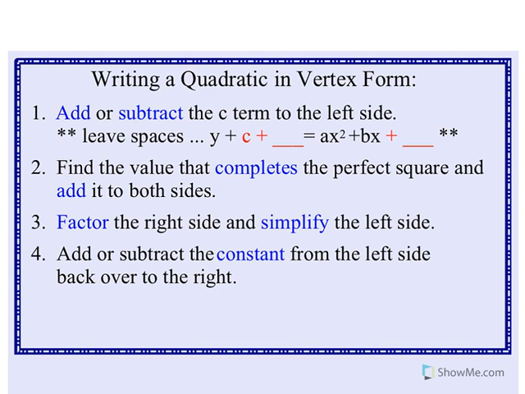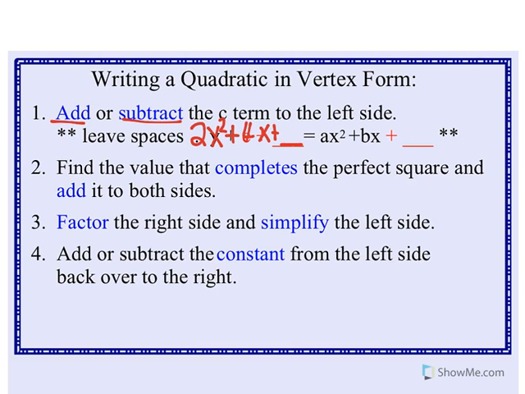So here's a quick review of what we just did in 11.2. The first thing you need to do is add or subtract the C term, the constant, to the other side, the left side. And then that will leave spaces. We might have, for example, 2x squared plus 4x and then plus. You're leaving that empty space, just like we practiced yesterday.